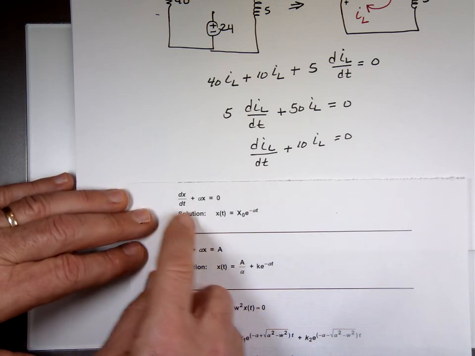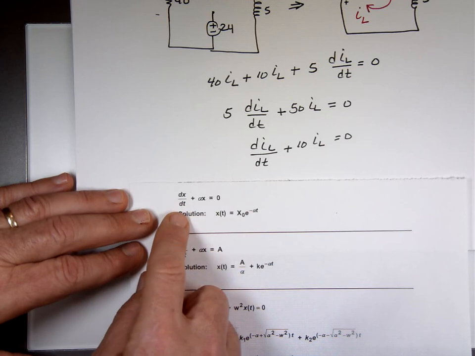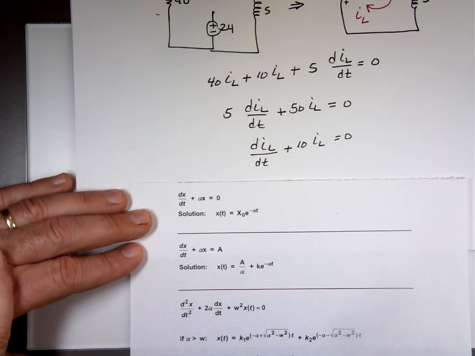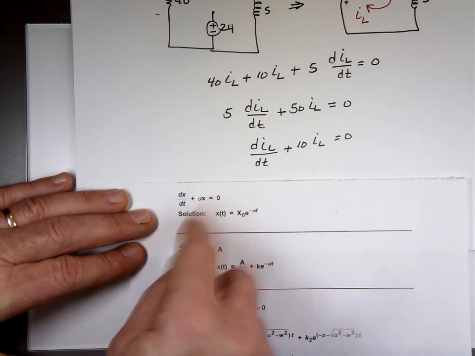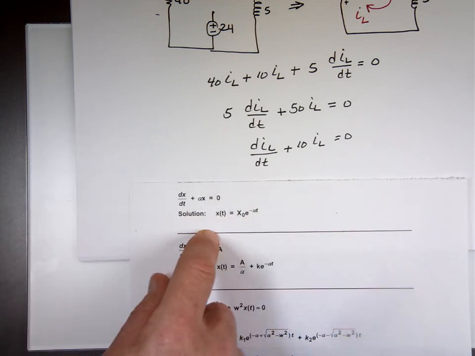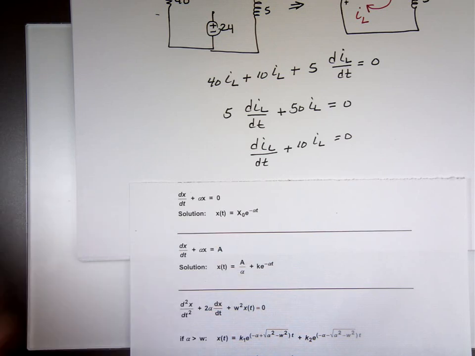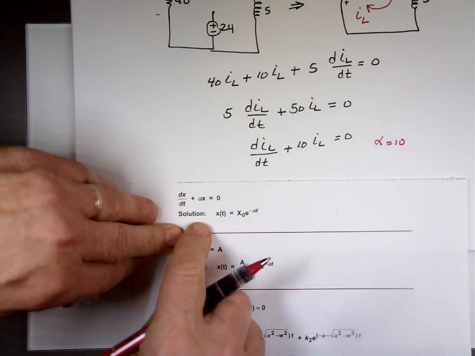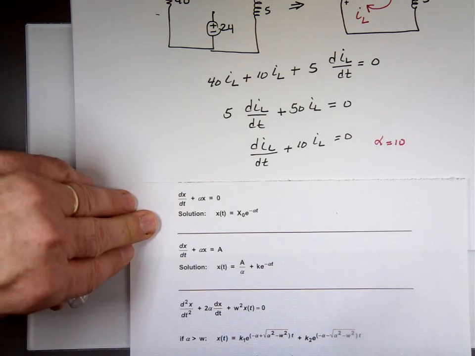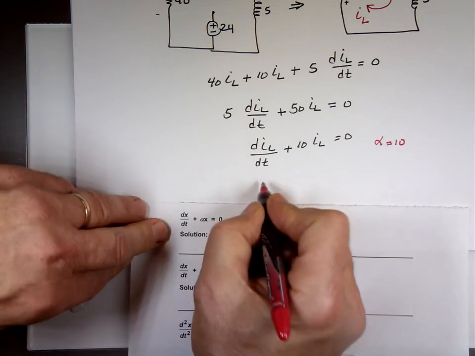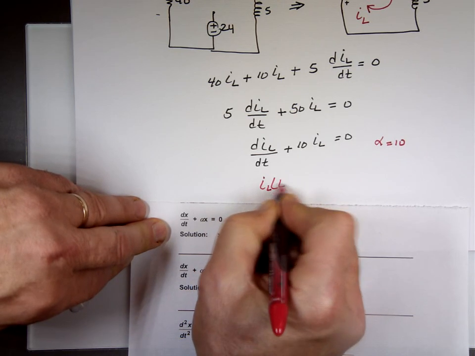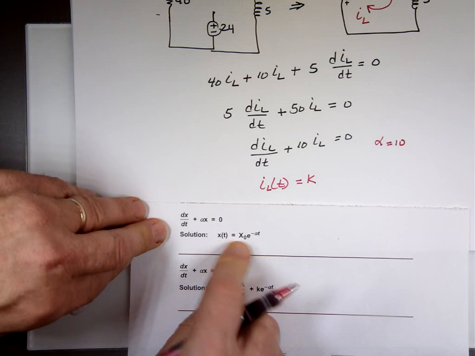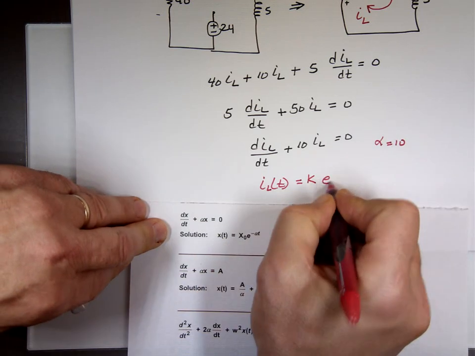Notice that matches this form, doesn't it? We have a derivative, plus we use x here, I'm using I. My alpha, when you compare them, what's my alpha to that equation? Alpha equals 10, right? So the solution to that is going to be I sub L as a function of time, some constant, I'll use k, and I'll show you why I use x sub 0 here, some constant e to the minus alpha t.